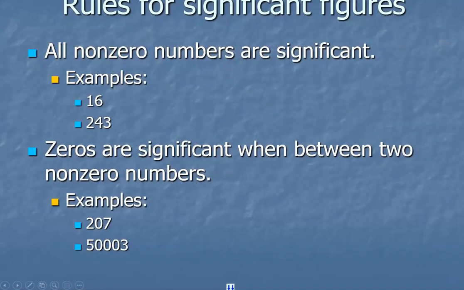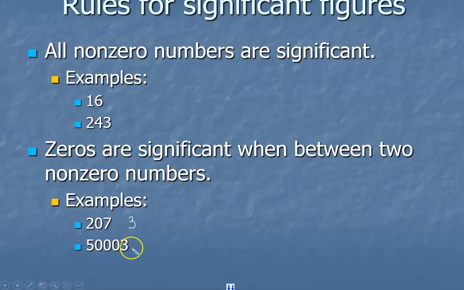It says zeros are significant when they're between two non-zero numbers. So these are zeros that are in between two other numbers. Anytime they get sandwiched in between, they're going to count as significant figures. So the number 207 does have 3 significant digits.